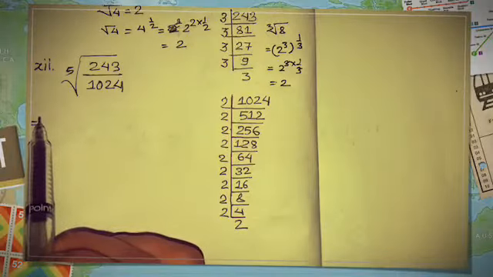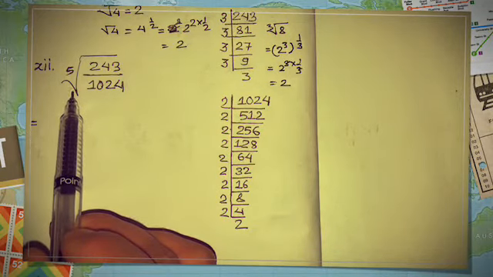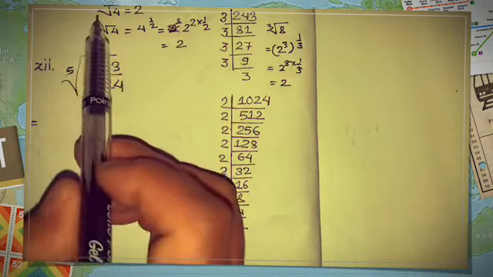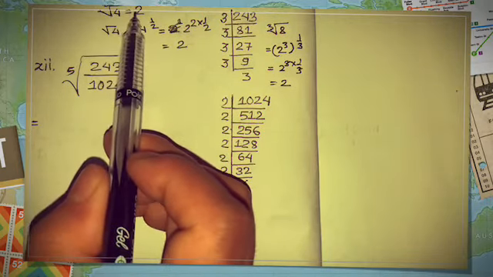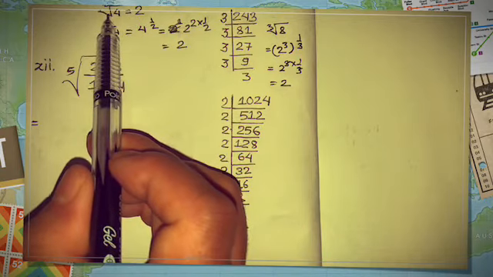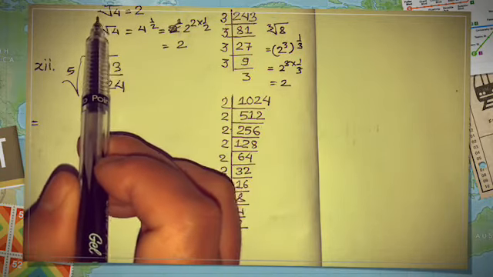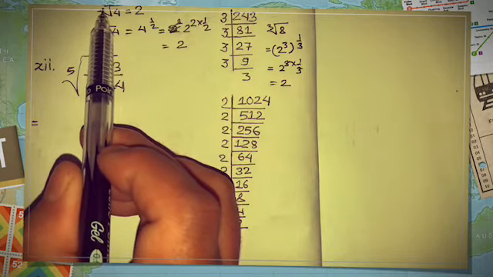So here is one more question. Before we start it, let's understand this concept. The square root of 4 is 2. We all know the square root of 4 is 2. But the order of this radical sign is 2.